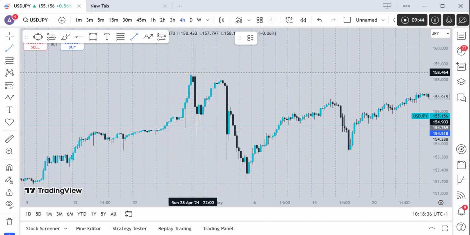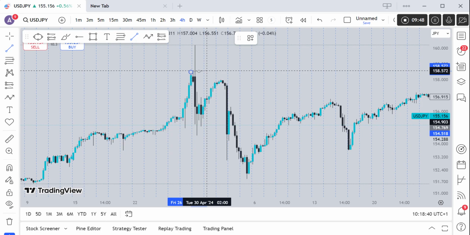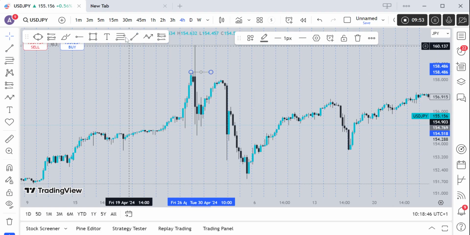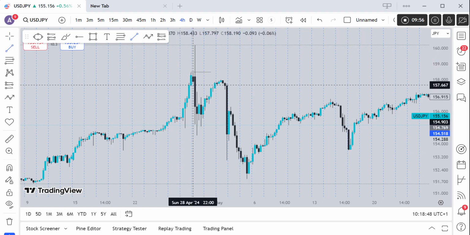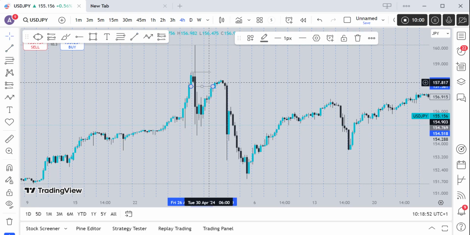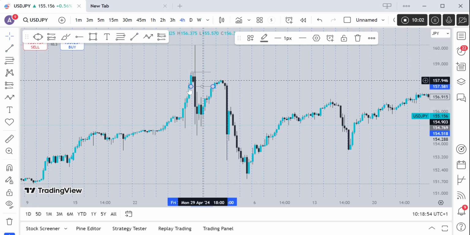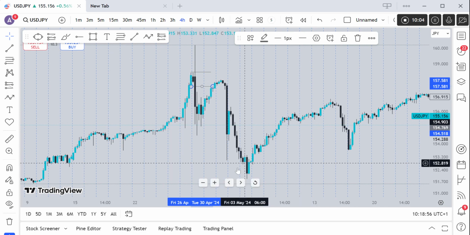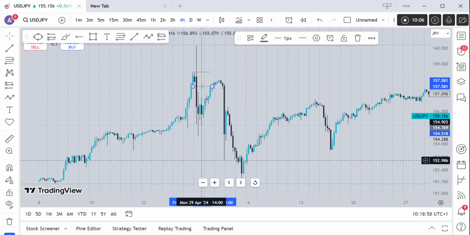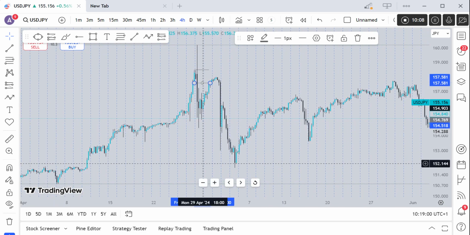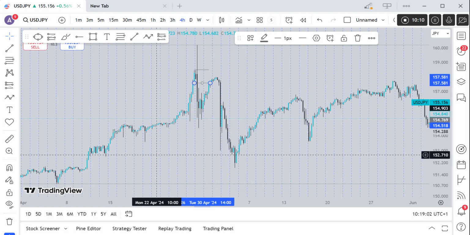You can see the inside bar, the range here, also a range here, and the fake out. You see the market came back from there and moved down. So this is a very powerful tool. Just make sure you understand it.